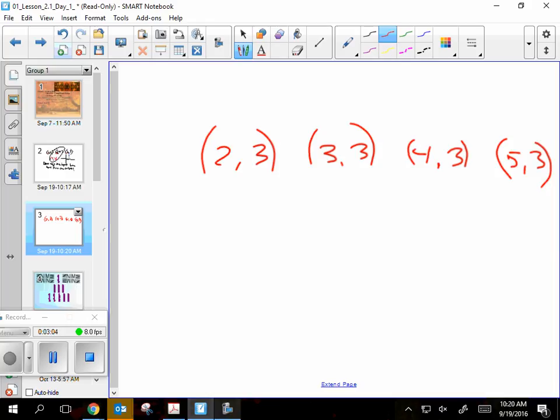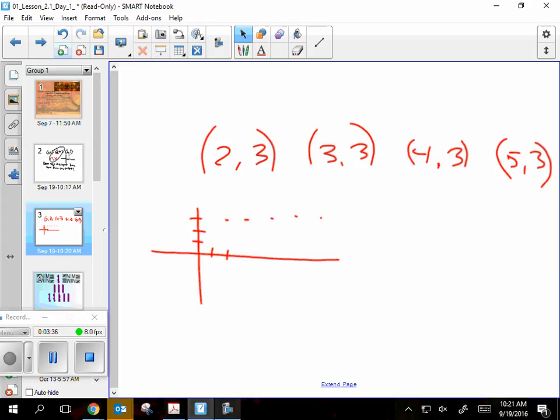Is it a function or is it not a function? (2, 3), (3, 3), (4, 3), (5, 3), (6, 3). Do you get my point? I know that's weird to have it come out the same thing every time, but does it pass the vertical line test? Yeah. Therefore, it's a function.